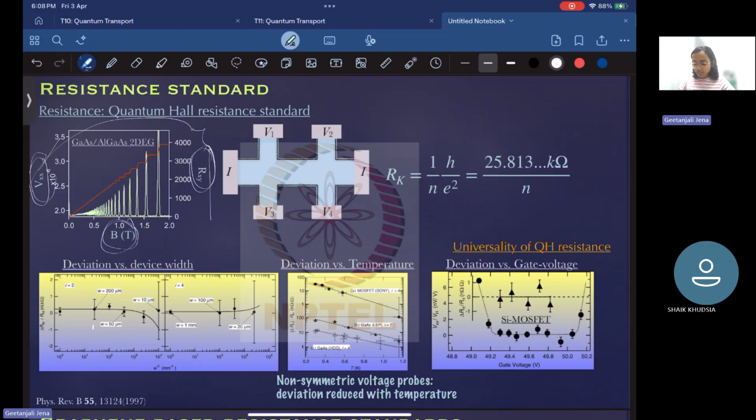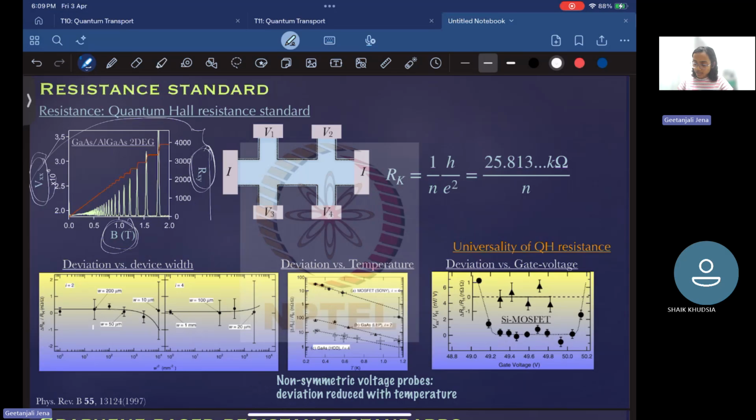In contrast to the Shubnikov-de Haas oscillation, for the Hall resistivity we have seen that as we increase the magnetic field, there is a step-like increment in the Hall resistivity.